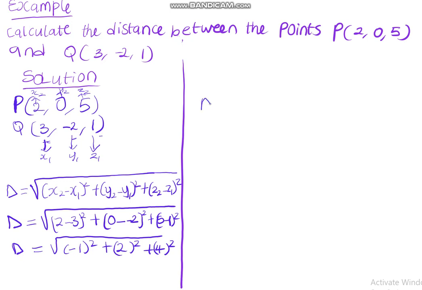Then we move on. d is equal to square root of -1 squared, which is -1 times -1, which is 1. Just know that anytime you are squaring a negative number, you always end up with a positive number. So -1 squared is 1, plus 2 squared is 4, and 4 squared, which is 4 times 4, is 16.